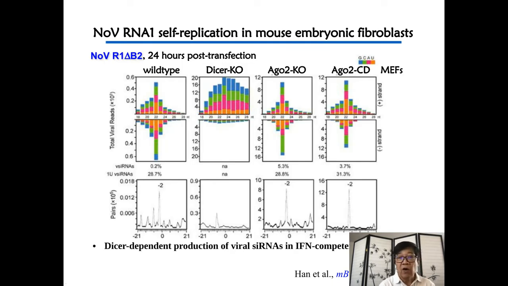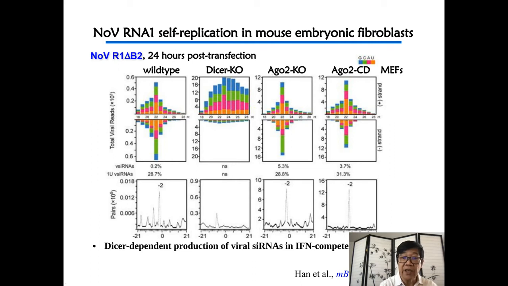We also sequenced small RNAs from wild-type and Dicer knockout, Ago2 knockout, or Ago2-CD cells after replication of delta B2 RNA1. As you can see here, there is production of viral siRNA, mainly 22 nucleotides long, in the wild-type cells, and highly abundant in Ago2 knockout and Ago2-CD cells, but not at all in Dicer knockout cells.